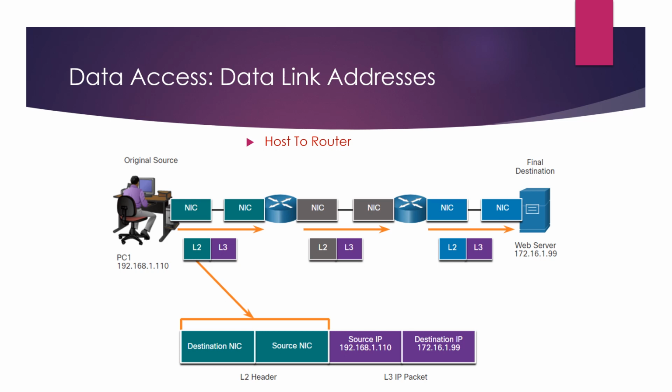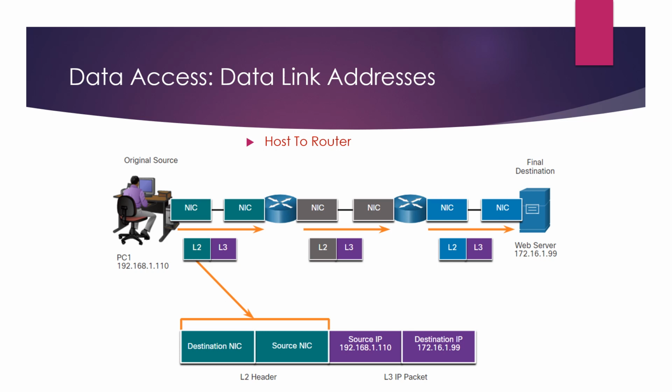The purpose of the data link addresses is to deliver the data link frame from one network interface to another network interface on the same network. Before an IP packet can be sent over a wired or wireless network, it must be encapsulated in a data link frame so it can be transmitted over the physical medium.